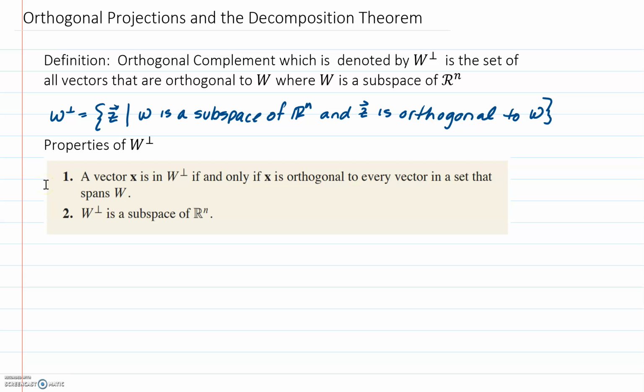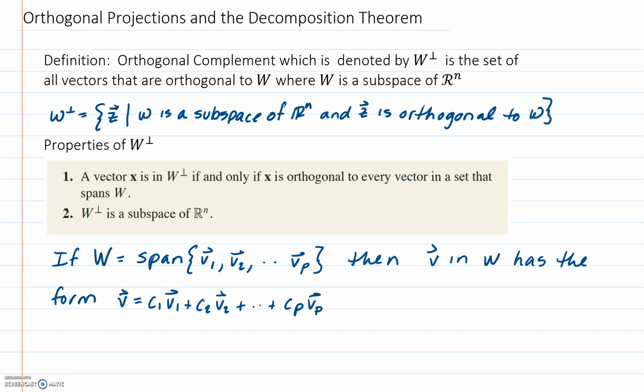Here are a couple of properties. The first one: a vector X is in W perpendicular if and only if X is orthogonal to every vector in the set that spans W. To see property 1, let's look at a typical vector in W. Let W be the span of some vectors v1, v2 through vp.